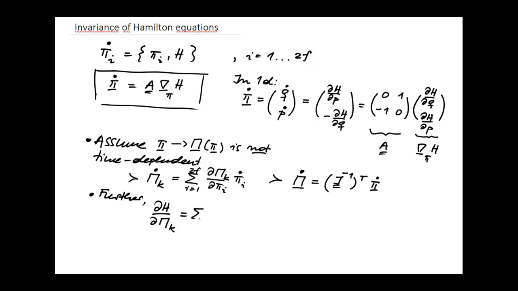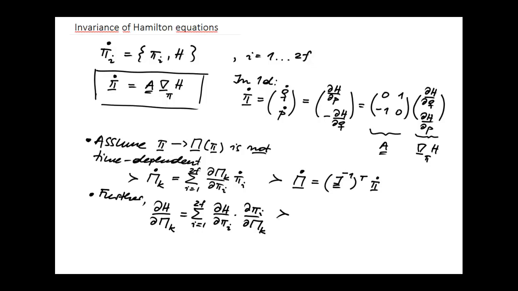This too we can transform with the help of the Jacobian. We can say this is the partial of the Hamilton function with respect to the original coordinate little pi_i times the partial of the original coordinate with respect to the new coordinate, summed over all i.